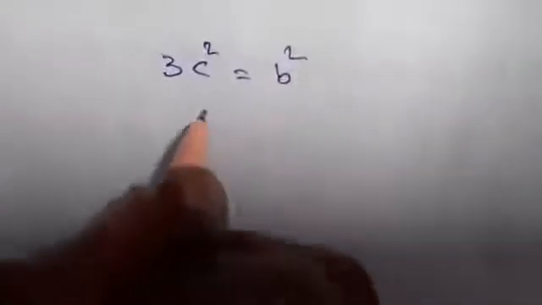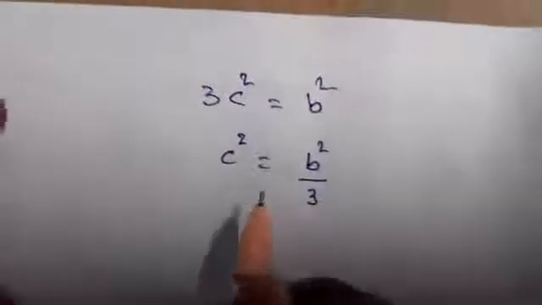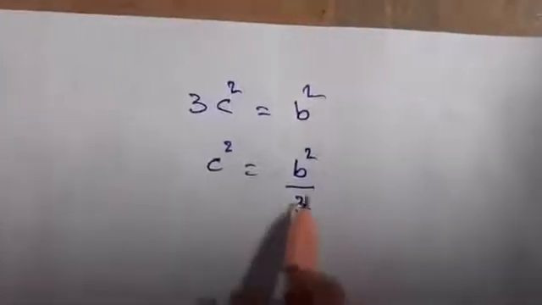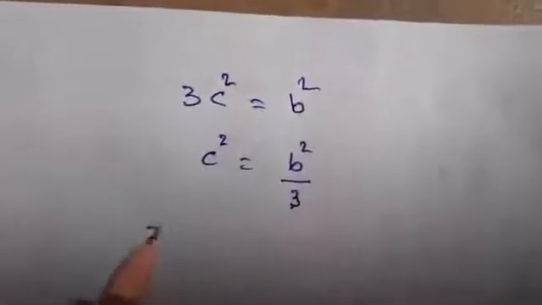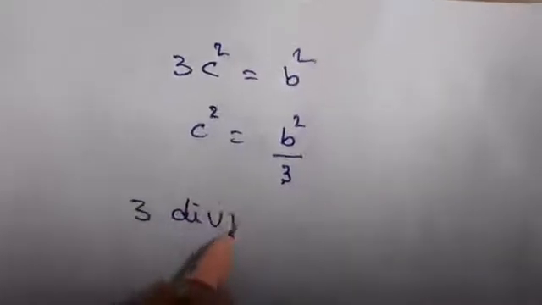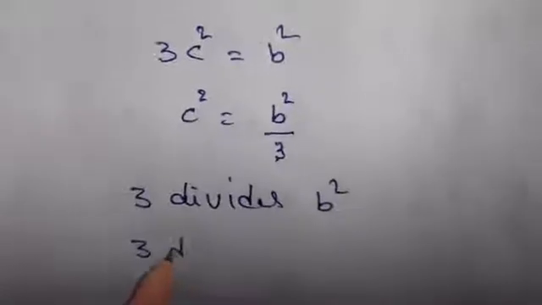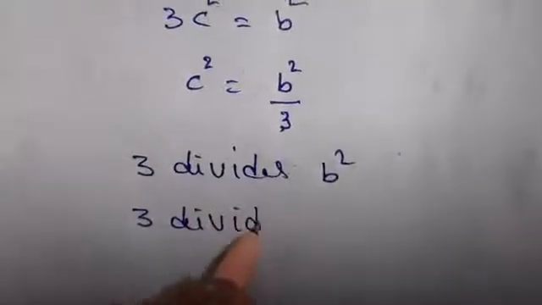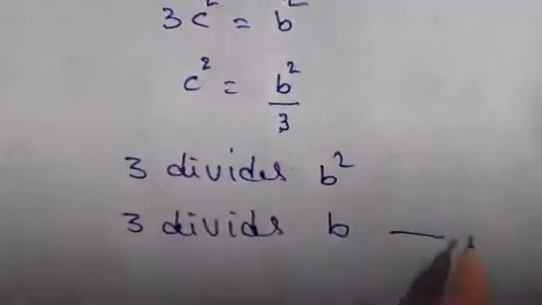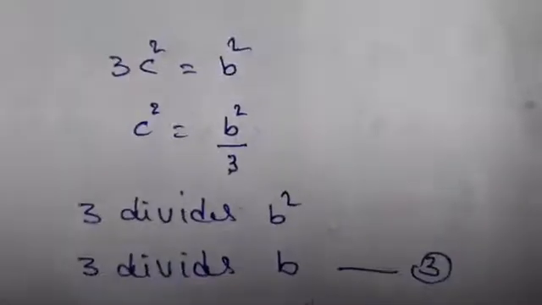So now come to here. We get 3c square equal to b square. c square equal to b square by 3. So here we observe that 3 divides b square. Similarly, 3 divides b. This is 3.